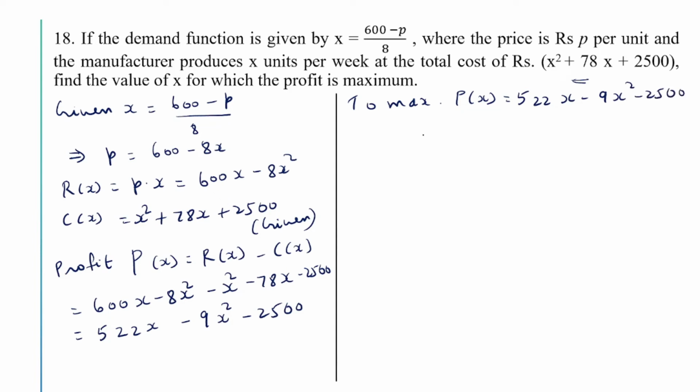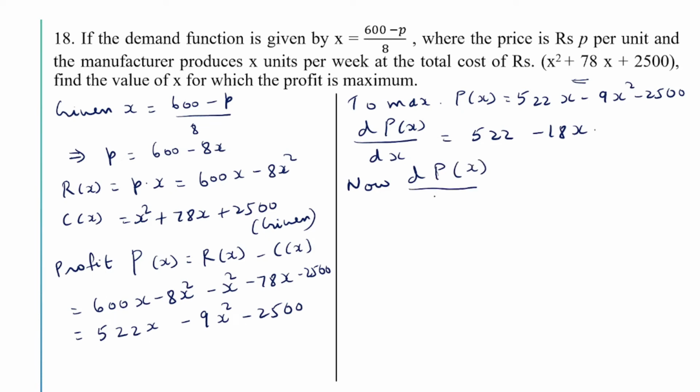So we have to use the second derivative test. First we have to find dp by dx. So it is equal to 522 minus 18x. Then we have to find the critical points. So we know that dp by dx equal to 0 for critical points.